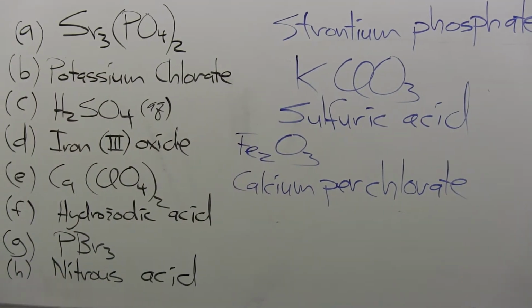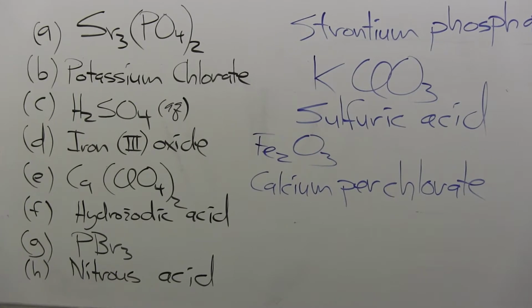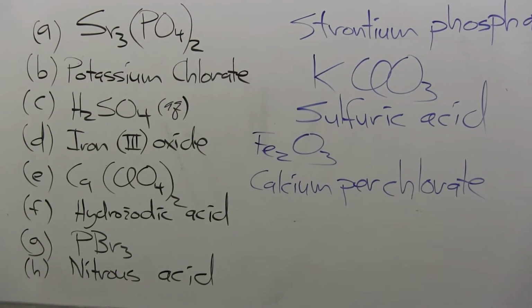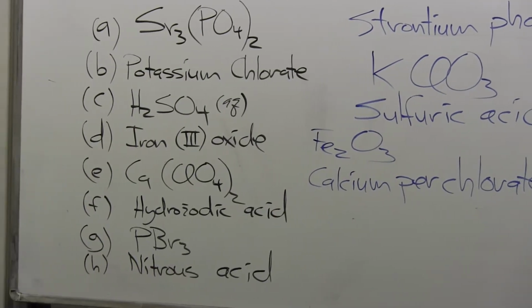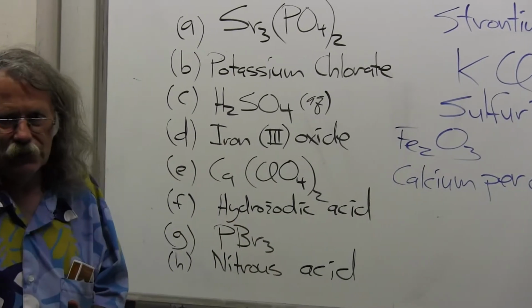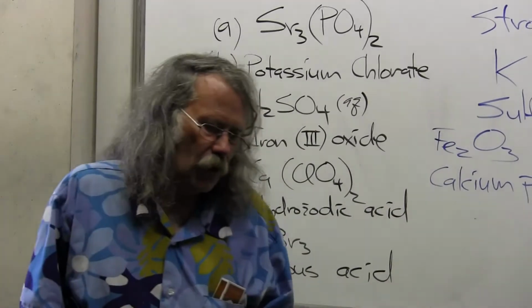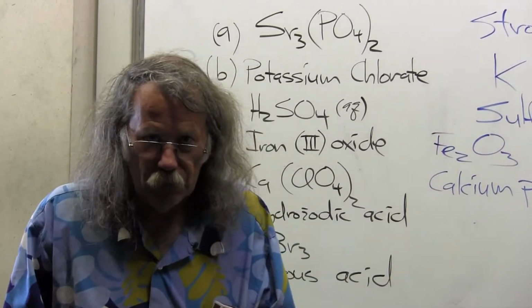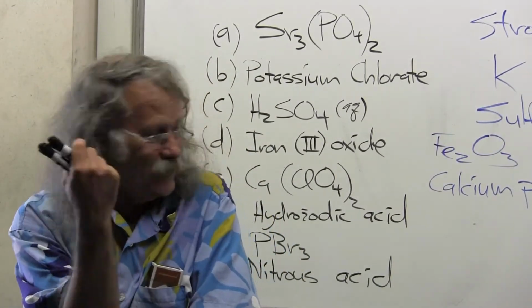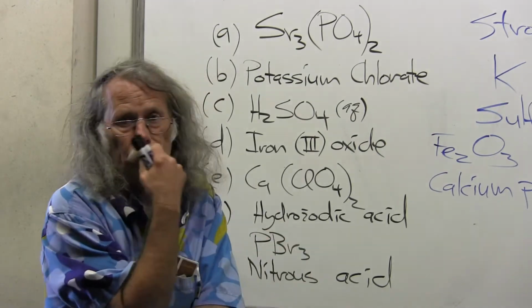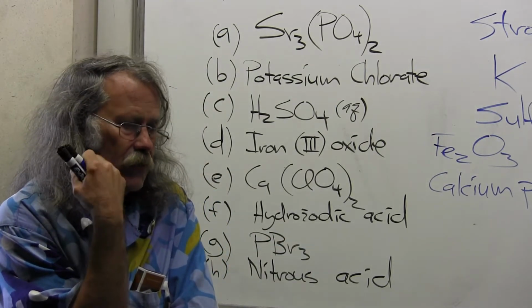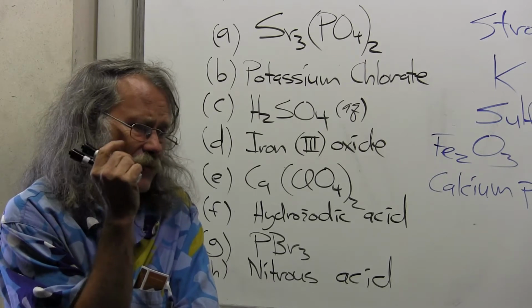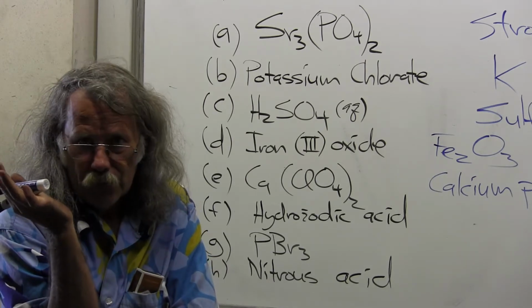Now we're in problem F, we've got hydroiodic acid. These are the binary acids, where we have 2 elements. Binary means there's only 2 elements, and it's an acid, which means it has to be in water, and the cation is going to be hydrogen every time.